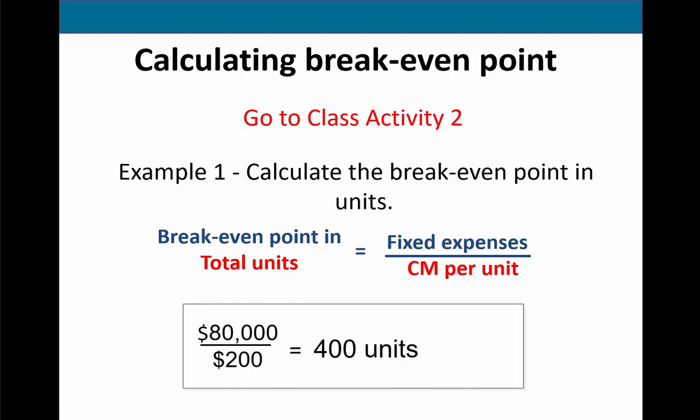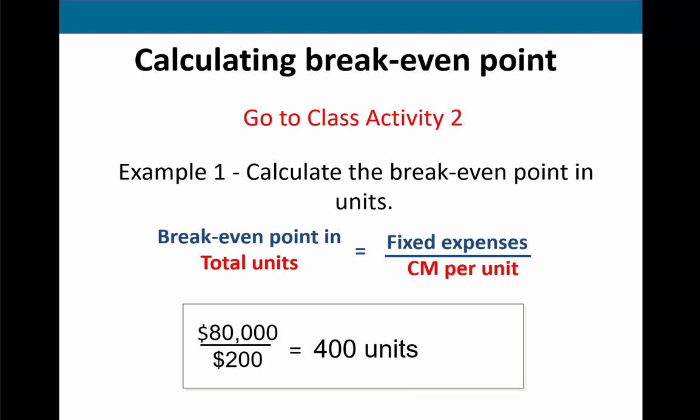Your answer to that should be 400 units. Our fixed expenses are $80,000. Our contribution margin per unit is $200. So we need to sell 400 units to break even. If you didn't get that right, go back and double check your numbers and see which number maybe you put in that was incorrect.